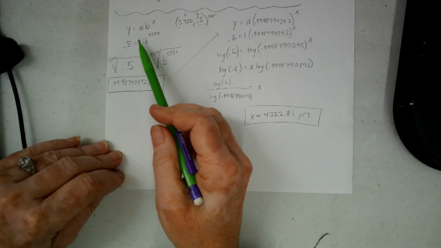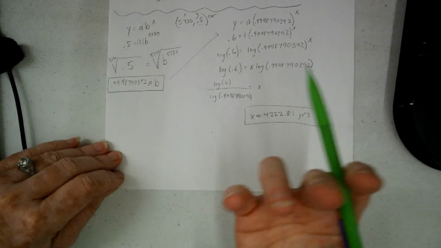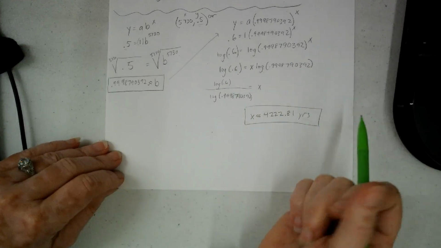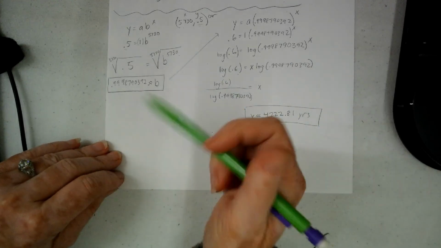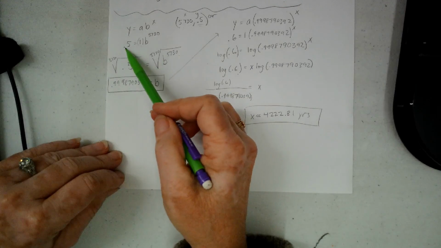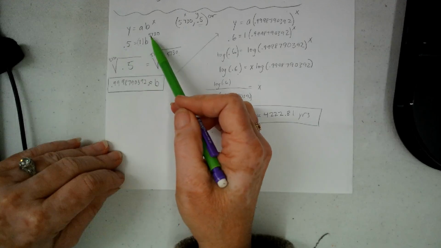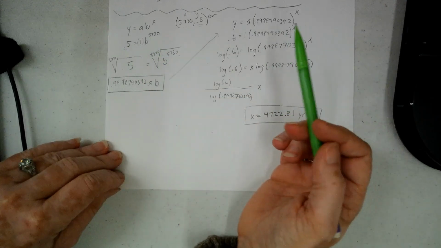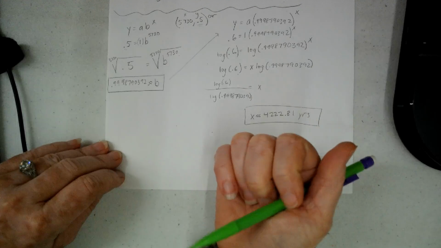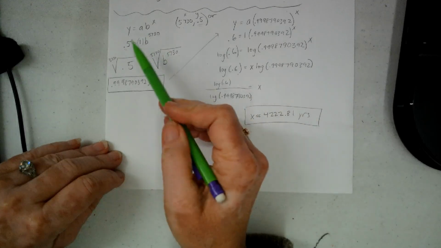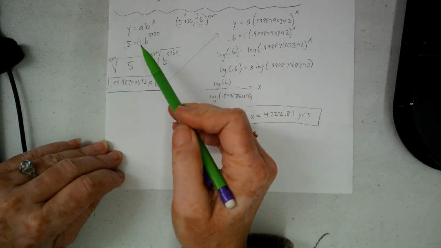We're going to start out with one whole amount of whatever that whole amount of carbon-14 was. Half of it's left after, it already told us that half of it's left after 5,730 years.